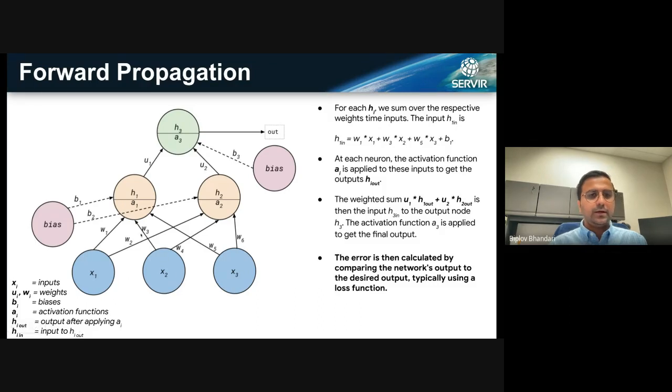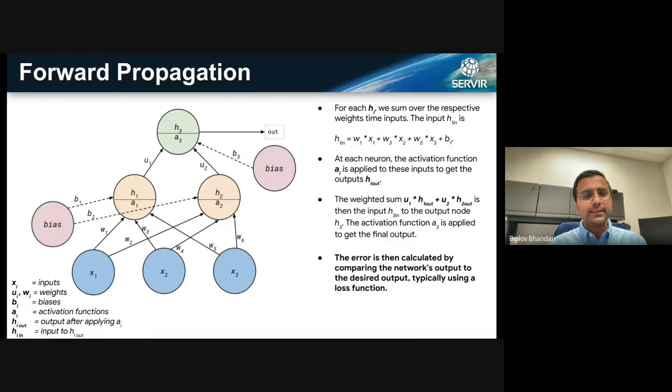So your H1 input would be the matrix multiplication of your input data set multiplied by your weights. So h1 in is w1 times x1, plus w3 times x2, plus w5 times x3. And then there's some form of a bias.